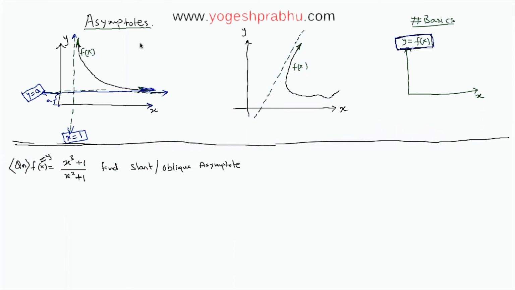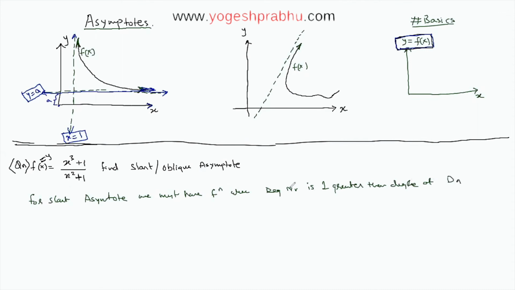Now, the first point that you have to make a note of is that for a slant asymptote, we must have a function where the degree of the numerator is 1 greater than the degree of the denominator.